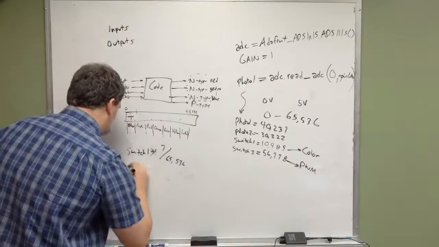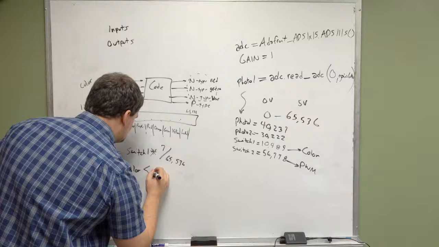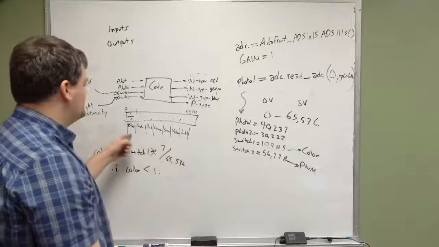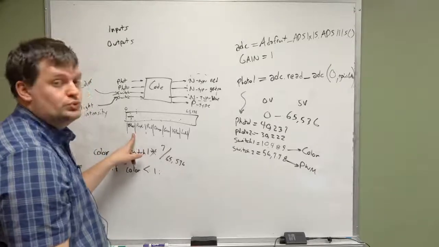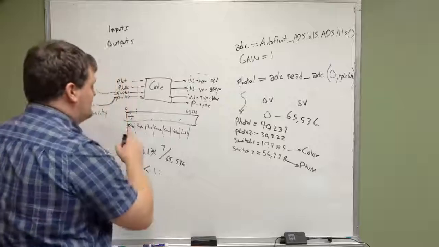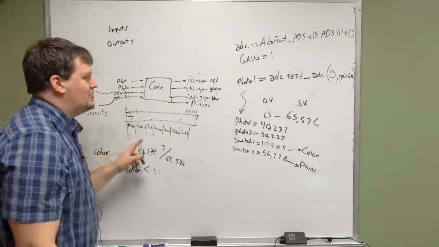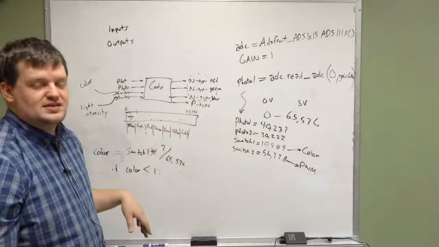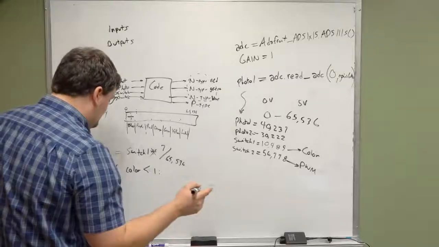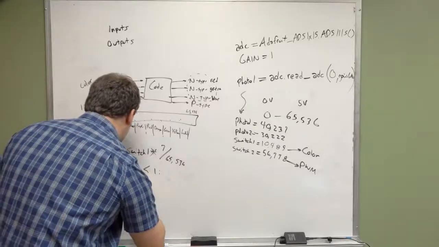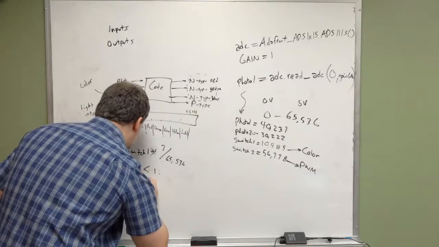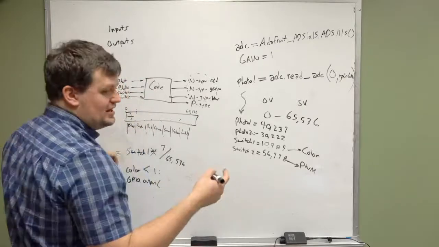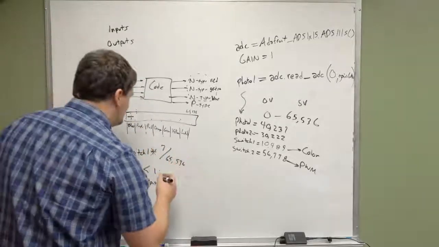So if color is less than 1, it falls in what I've identified as the blue spectrum. Okay, if I have a blue spectrum, then what I want to do is turn off green and red and turn on blue, because that's the only way to get a blue light. So we have GPIO.output, and let's say we named all of our pins after our colors.